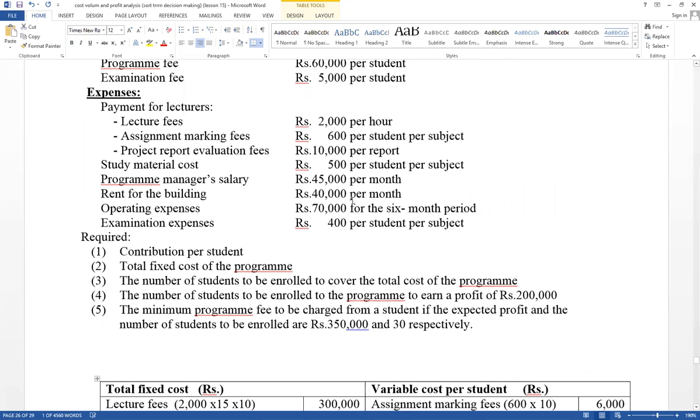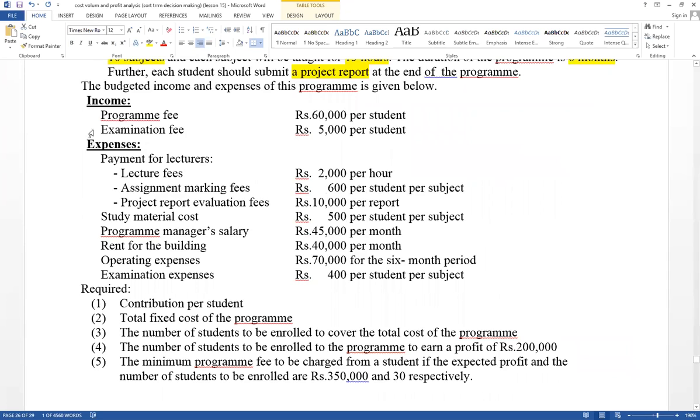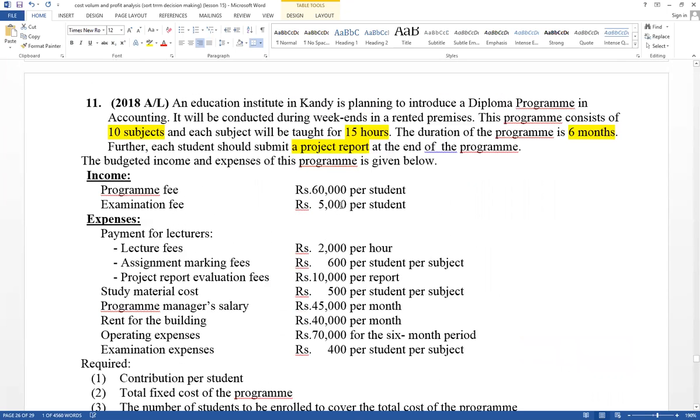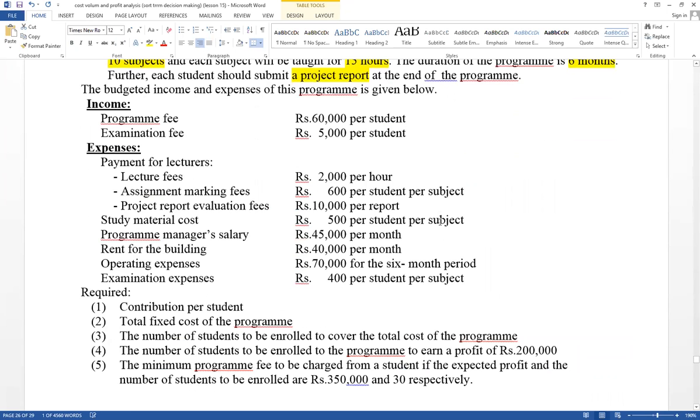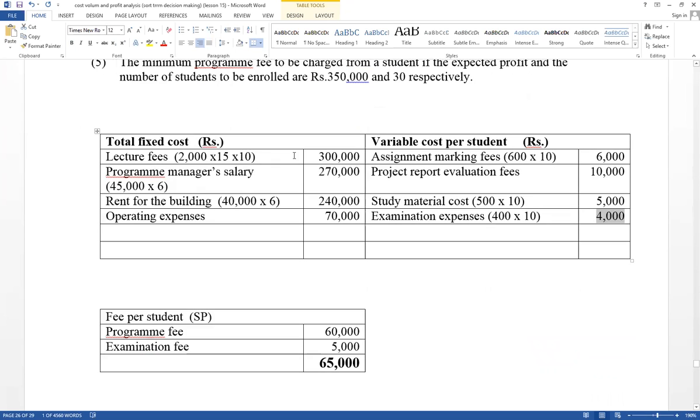Think about which are the expenses and which are the income. As income, as the selling price, you have to consider the fee per student: program fees as well as examination fees. Think about short-term decision making. Now take the answers. Think about total fixed cost and variable cost per student.